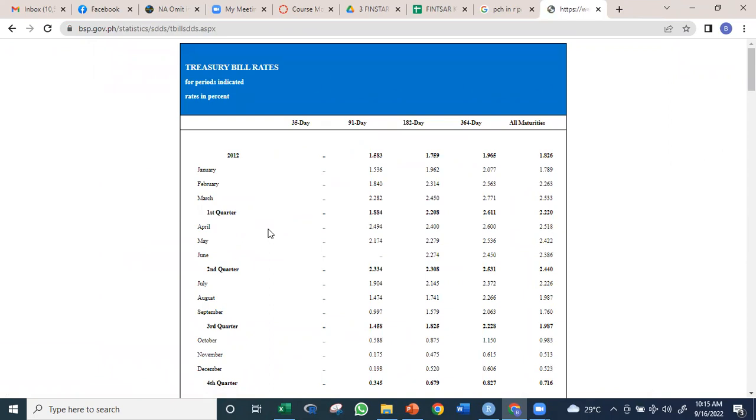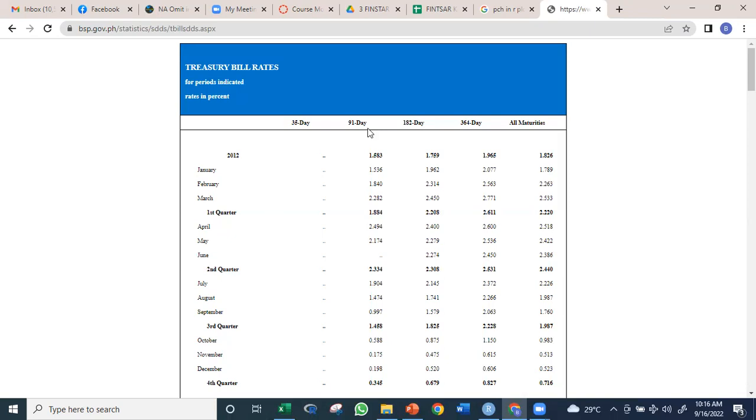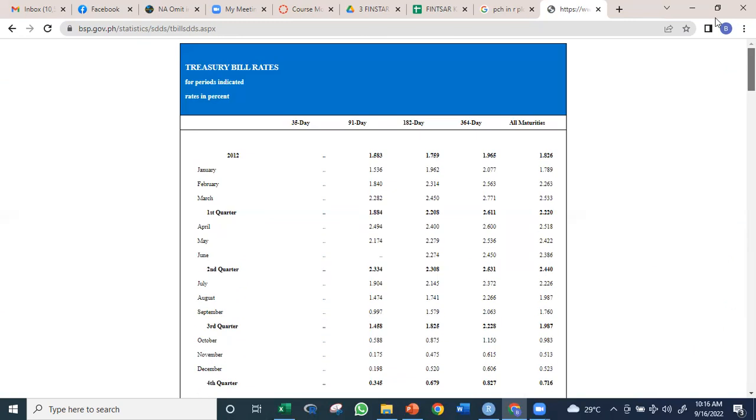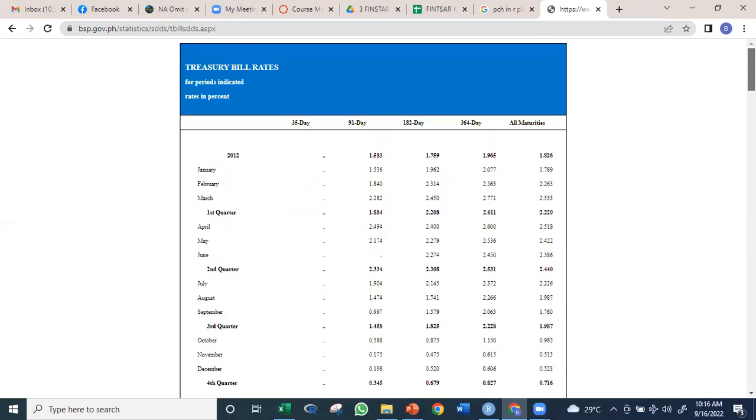So there are different tenors. There's a 35-day T-bill also. There's a 91-day, 182, 364. So these are the tenors that the government issues: 35, 91, 182, and 364 days. But I'm not sure about the 35. Usually it's 31, but here in 2020, the government did issue a 35-day treasury bill. It's usually 31.